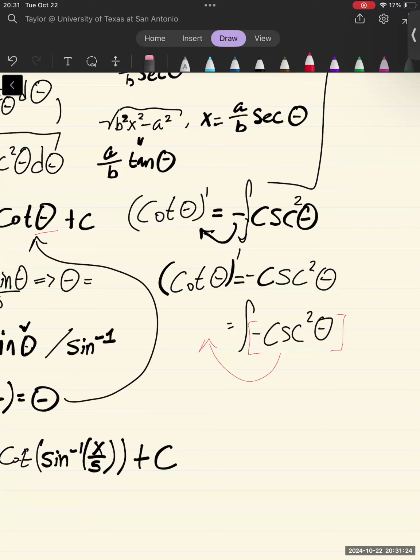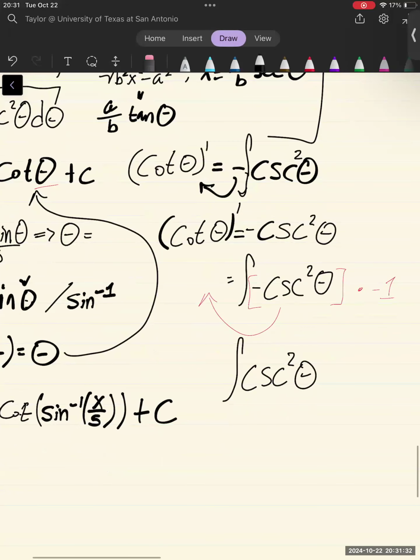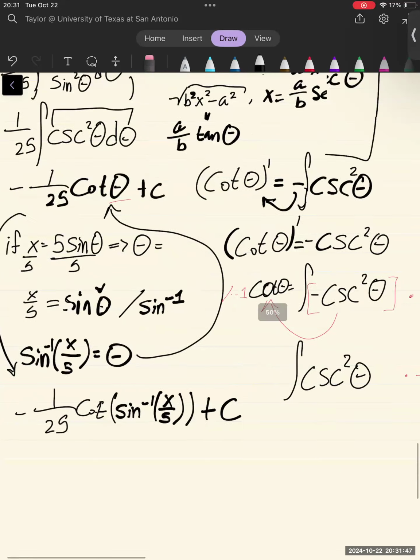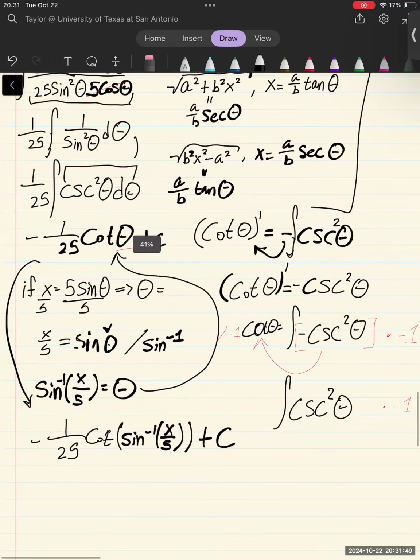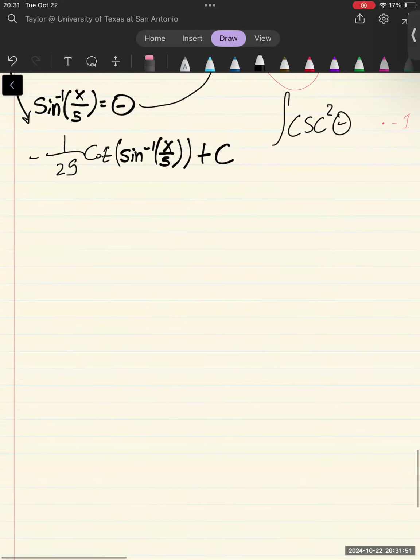So if I multiply it by -1 to make it positive, all I've done is multiply it by -1. I'm also multiplying the other side by -1. Right, so that would make cotangent negative in that case. Exactly. Gotcha. That cleared it up? Yeah, we cleared it up. Thank you. Cool. All right.